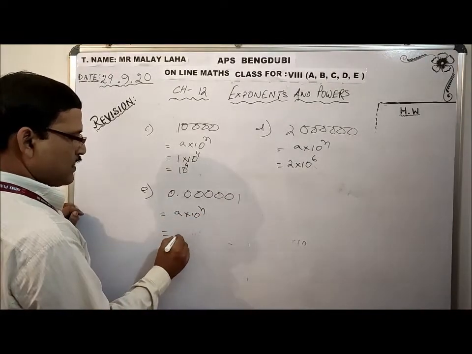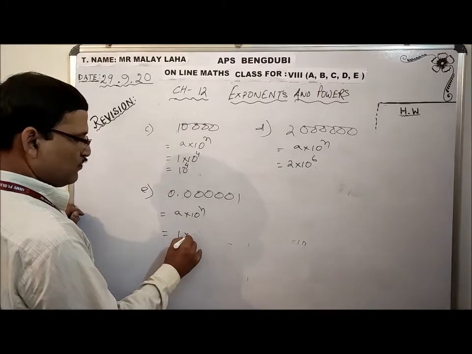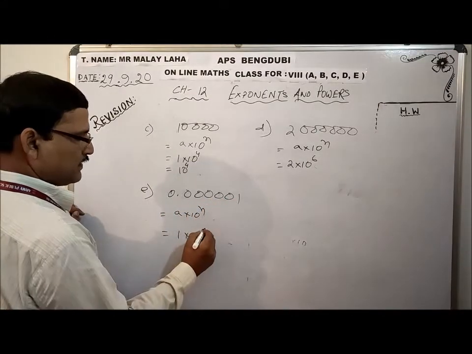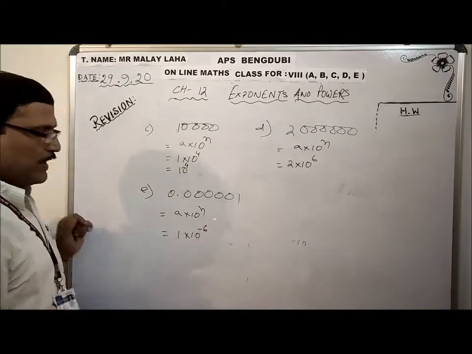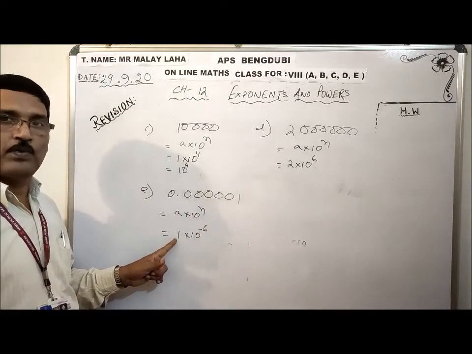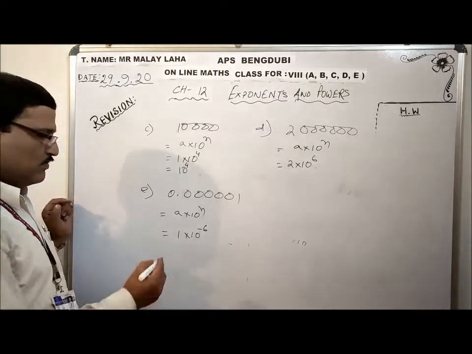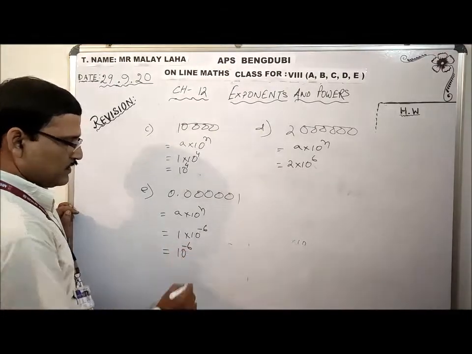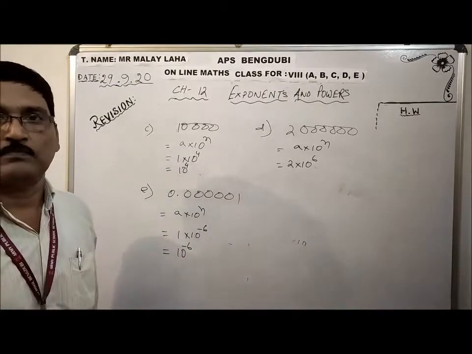So a will be what? 1 into 10 to the power 1, 2, 3, 4, 5, 6, minus 6. So I told you when a is 1, you may or may not write it. If you write it, no problem. But if you delete it, this is the answer.